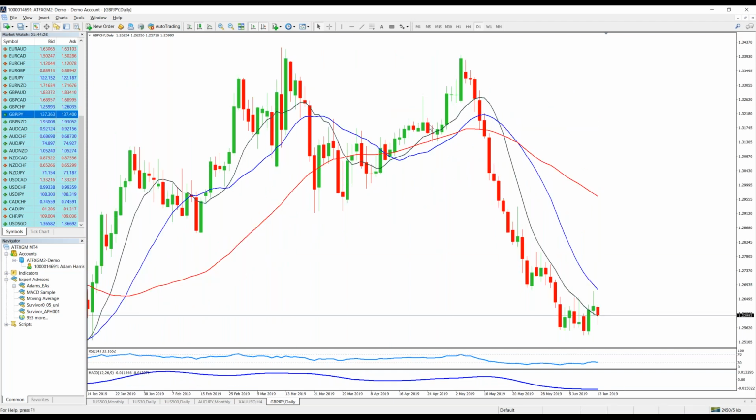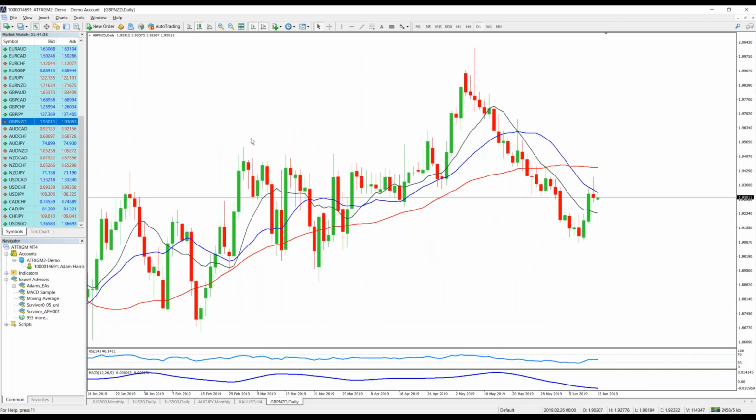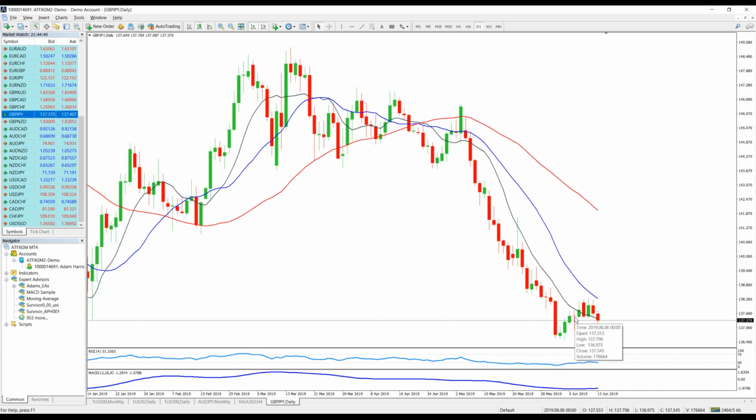Pound Yen heading lower, so that is also in a downtrend. And Pound Kiwi, let's have a look. Pound Kiwi is also heading lower. It's pulled back into the moving averages, bearish candle there. It hasn't had a strong trend recently, but what I see with all the GBP charts compared to all the Euro charts is that they've all been trending lower. So that tells me that the GBP component is the common element, and that's been weaker.